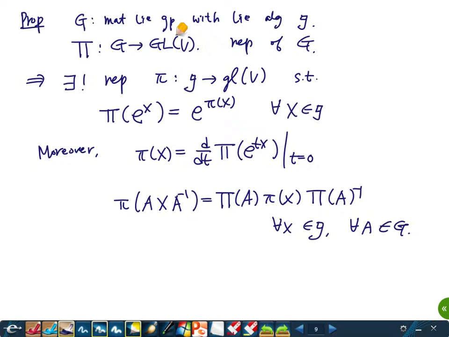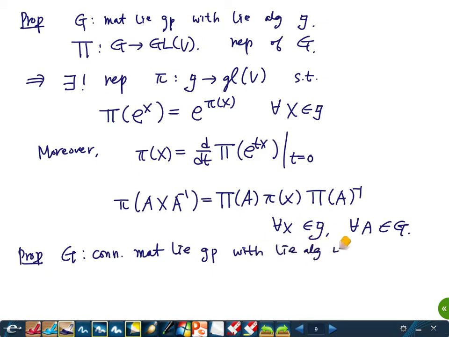And proposition: if G is a connected matrix Lie group, and again, of course, with Lie algebra g, then first, we have a representation of a Lie group.